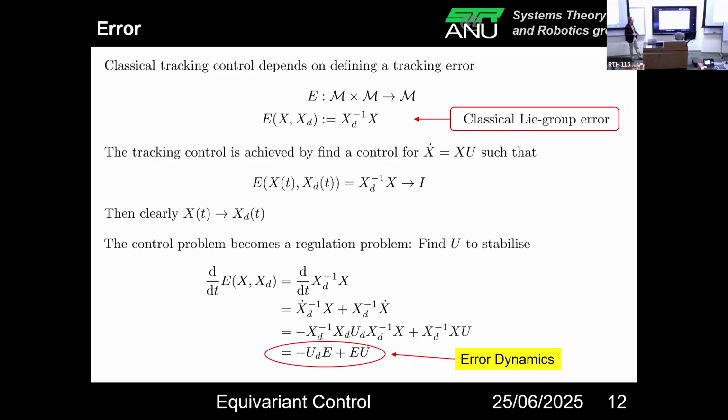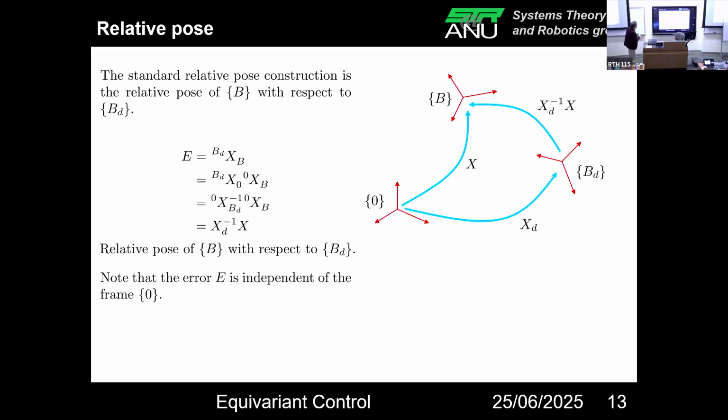That's the origin of your Lie group. And so you compute the error dynamics, and you get exactly what I was saying. At the bottom there, you get an expression which has the error in it, and it has the exogenous UD signal, so it's a time-varying signal coming into it, and then you have your input U coming into that as well. So, okay.